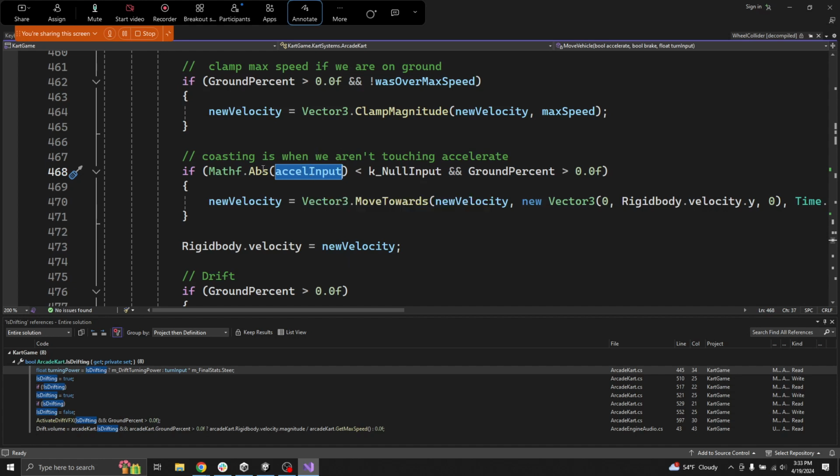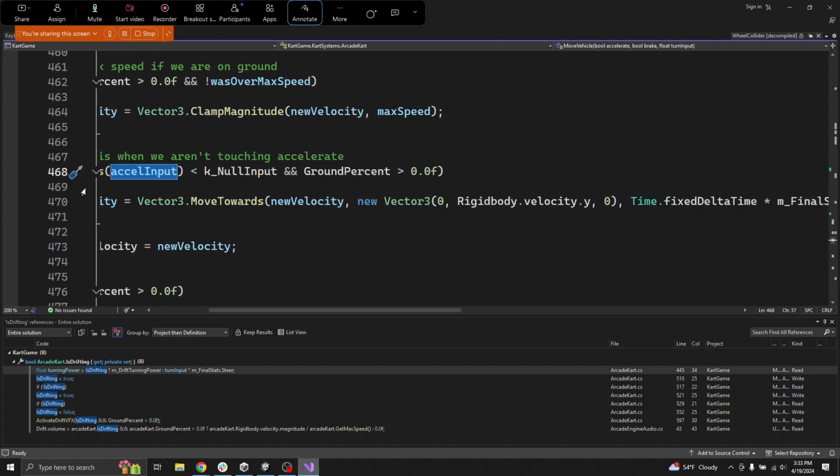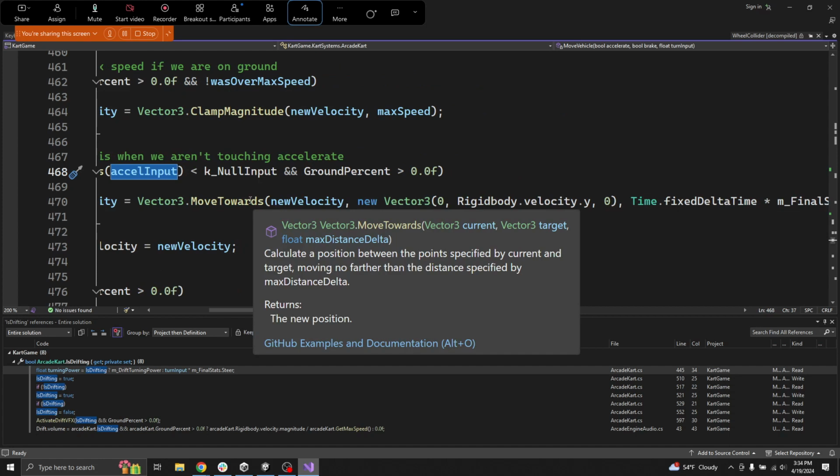No matter if it's positive or negative, it's less than a small number. So if the user's not pressing any forward or backward, and the wheels are on the ground, then we want to coast. So Vector3.MoveTowards.